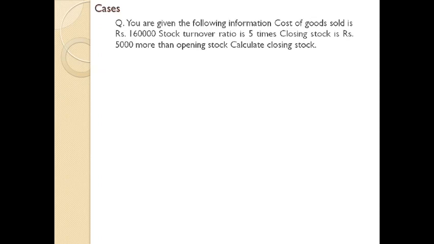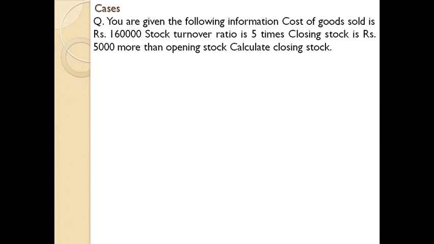Next case, you are given the following information: cost of goods sold is 1,60,000, stock turnover ratio is 5 times, closing stock is rupees 5,000 more than opening stock, calculate closing stock. Actually it's an application level question.